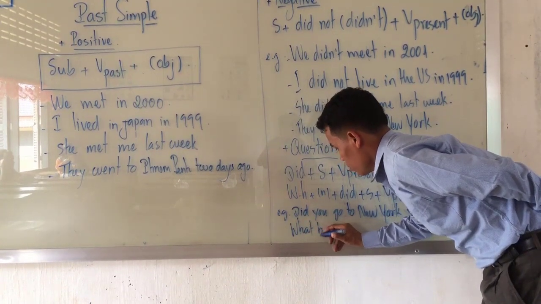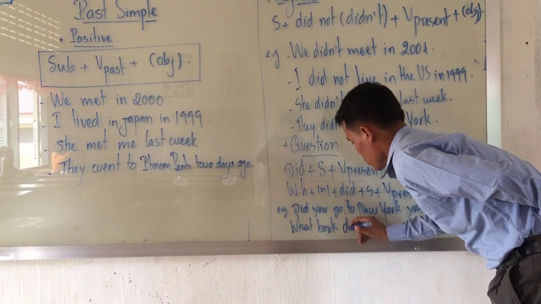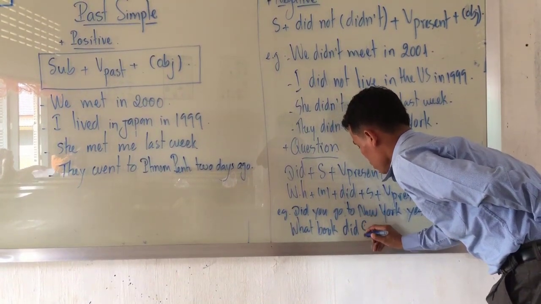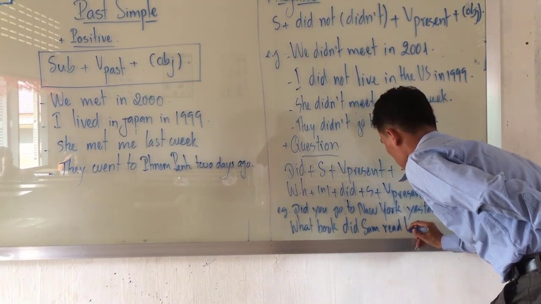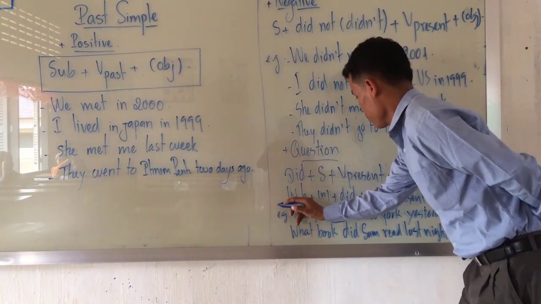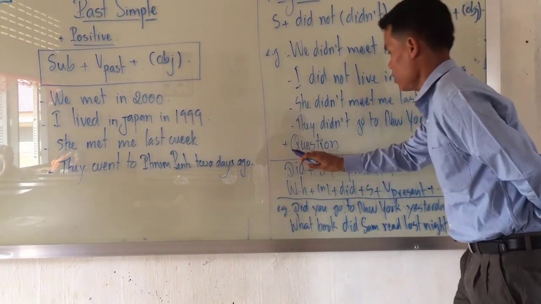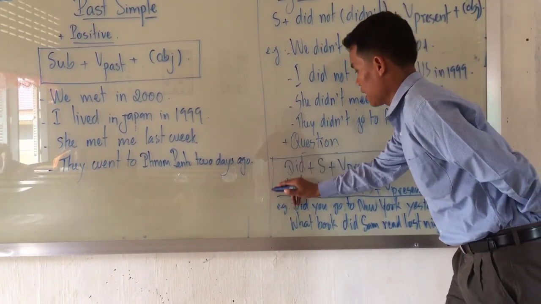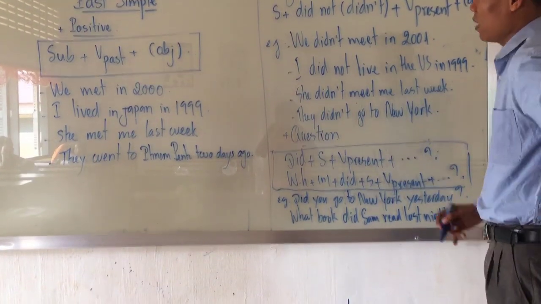What book did Sam read last night? Question: we have two forms. One is yes, no question, and the other is WH question or information question.